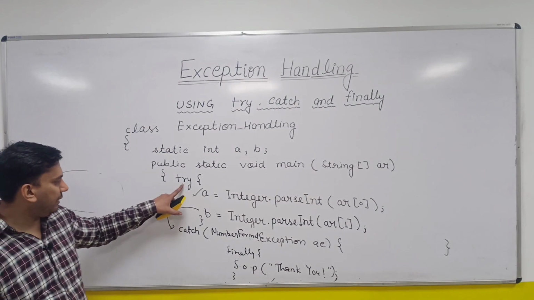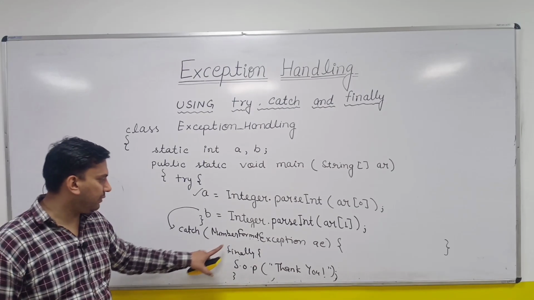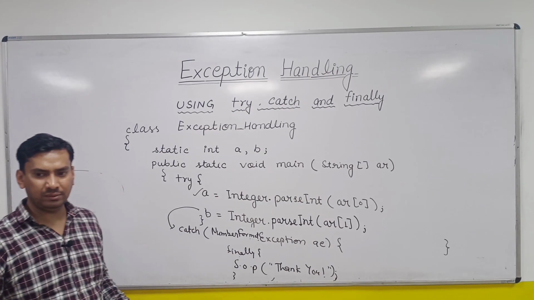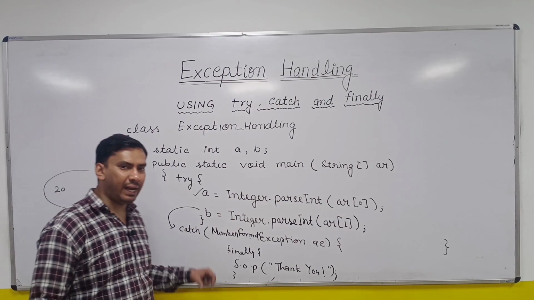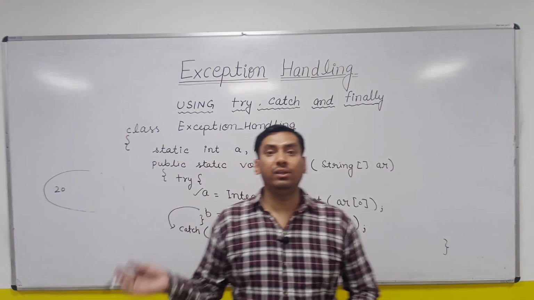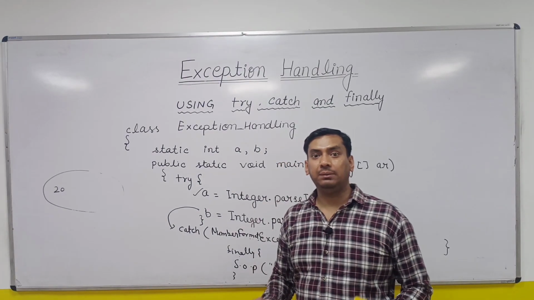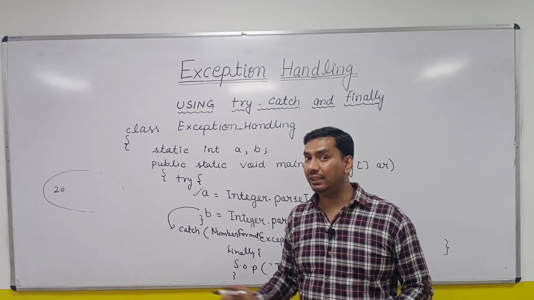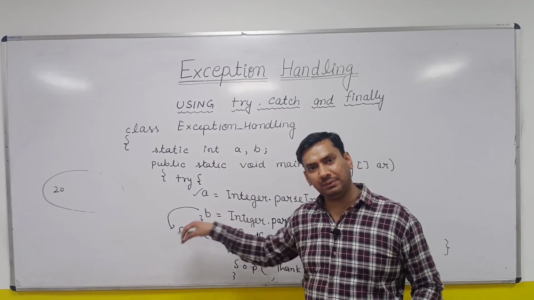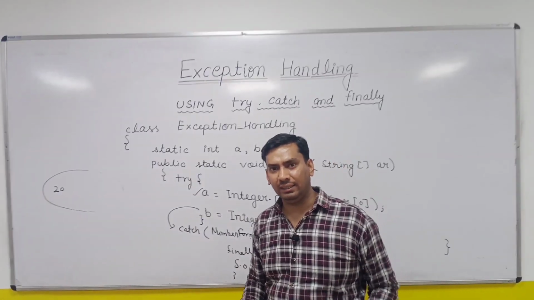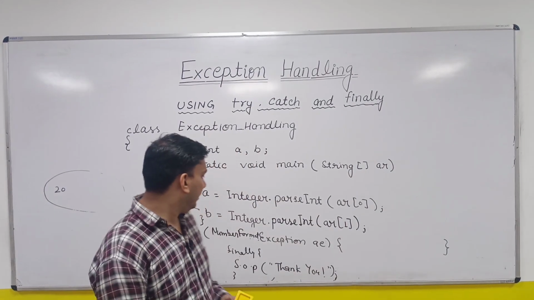So now I am writing a try block with a catch block for NumberFormatException, then a finally block. Fine. But suppose I write a catch block for ArrayIndexOutOfBoundsException also, then there is no use of the finally block because all possible exceptions we are going to handle here. Right?